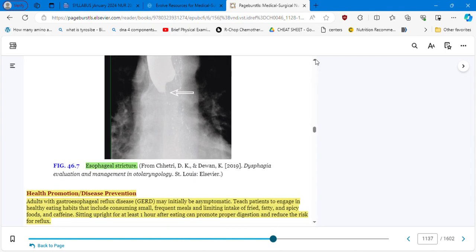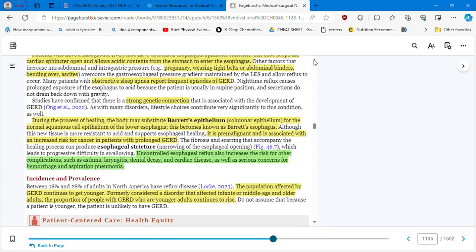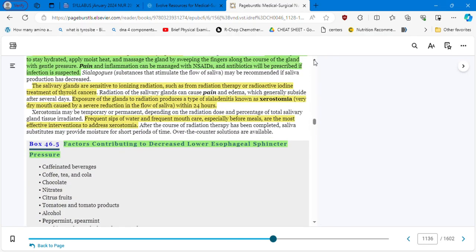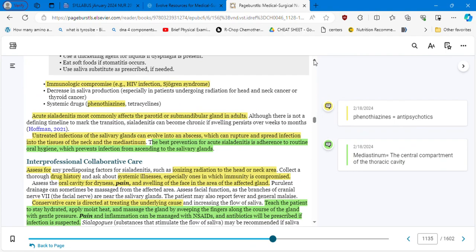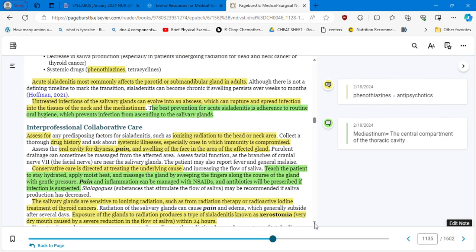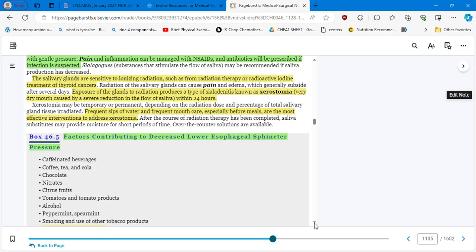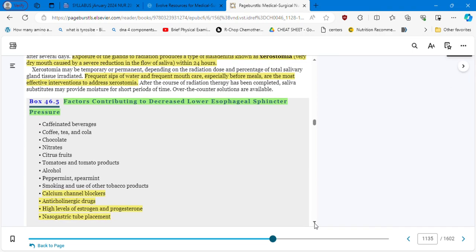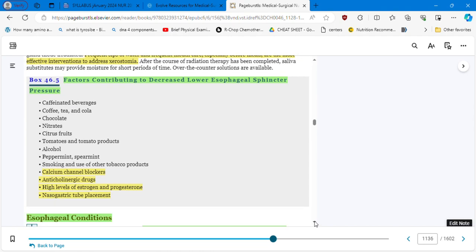Okay. So I am going to go back to table 46 that was presented to us at the end of the previous recording. Factors contributing to decreased lower esophageal sphincter pressure: caffeinated beverages, coffee, tea, and soda, chocolate, nitrates, citrus foods, tomatoes and tomato products, alcohol, peppermint, spearmint, smoking, calcium channel blockers, anticholinergic drugs, your Parkinson's, right?